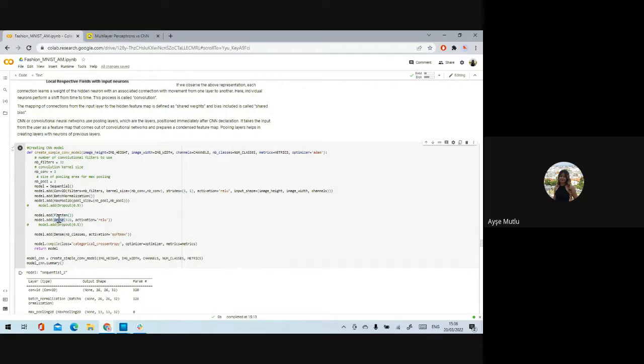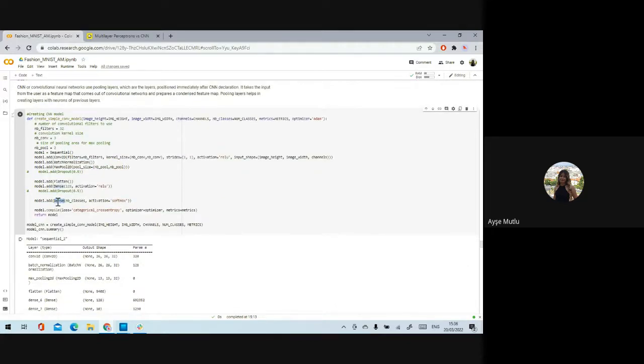The last one is we are adding the dense layer, which is 128 outputs with the activation function relu. Then for the output layer, we are adding the number of classes, 10, and we are using the activation function softmax, and we compile the model.